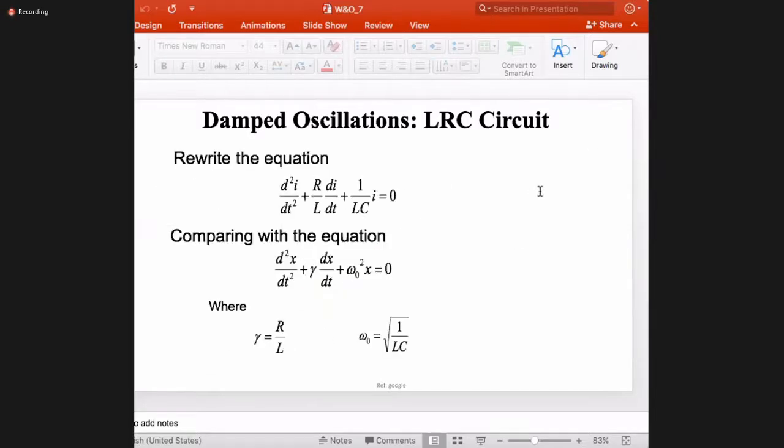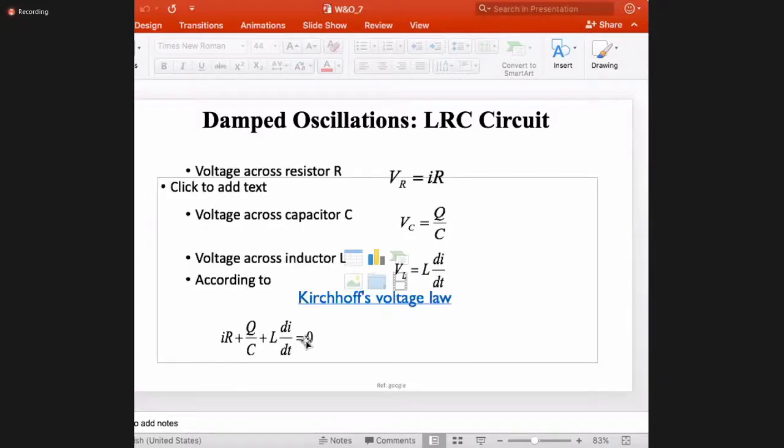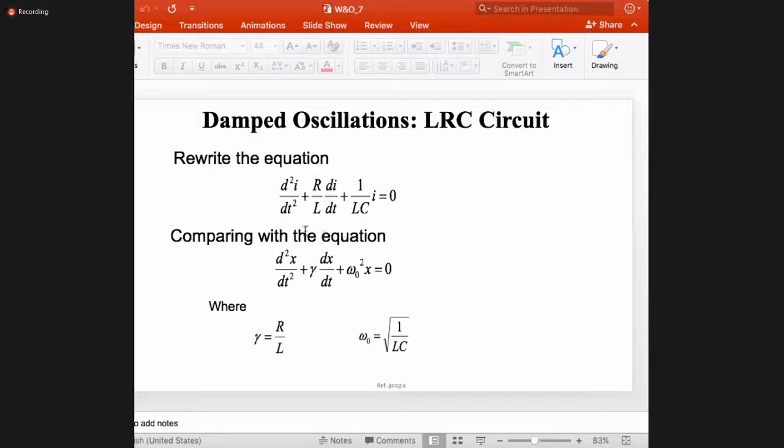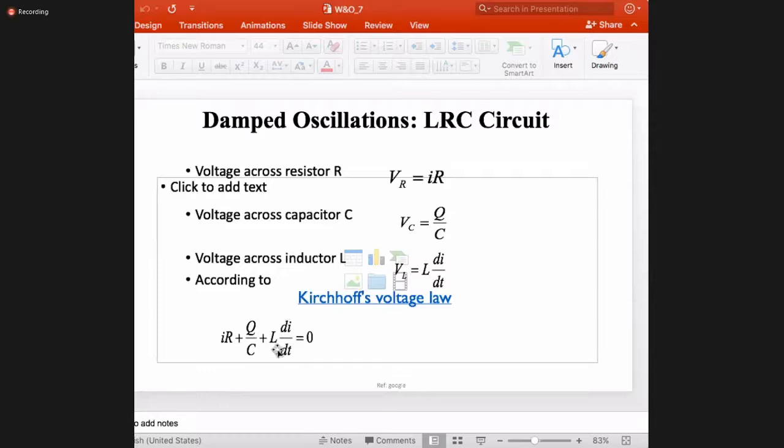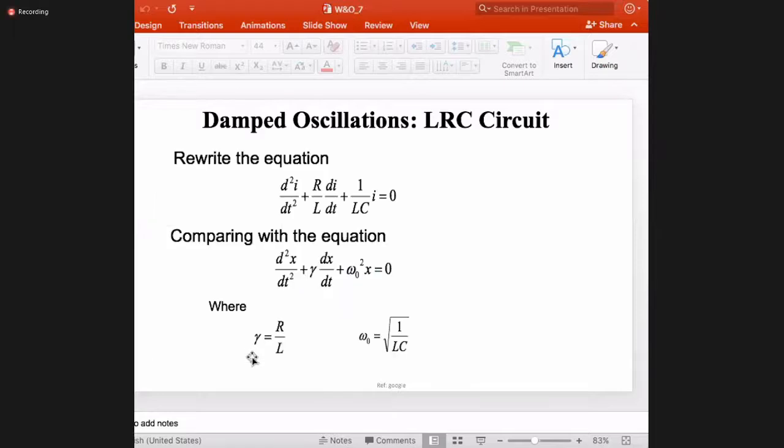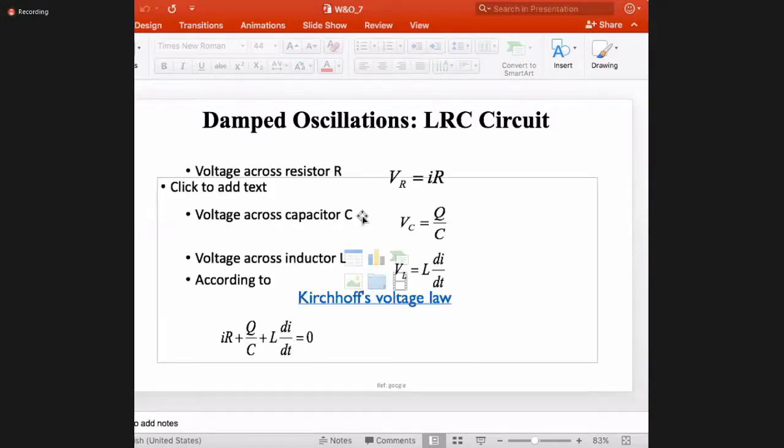Okay, we can rewrite this whole equation in this fashion. If we divide the equation by L, we can write R by L di by dt plus 1 by LC into I. We know that I equals dq by dt.